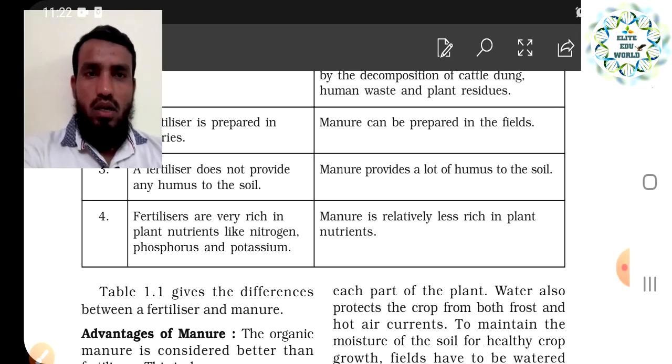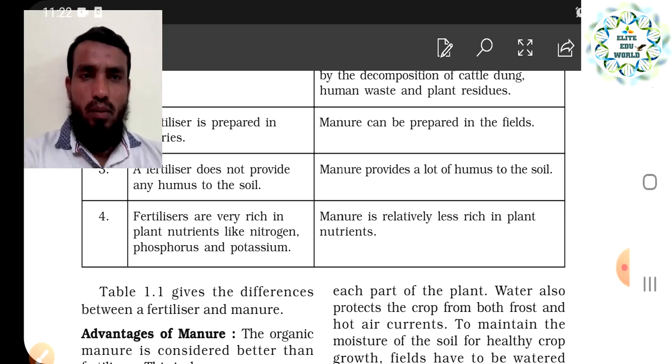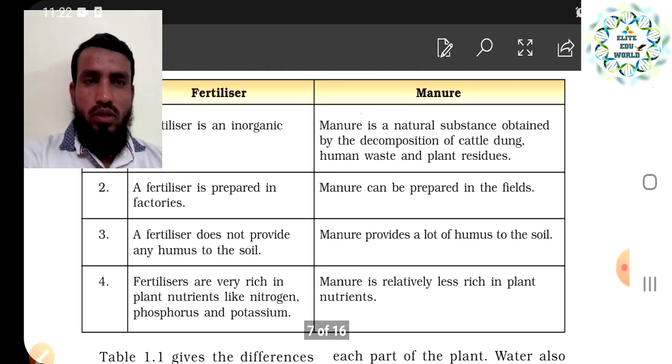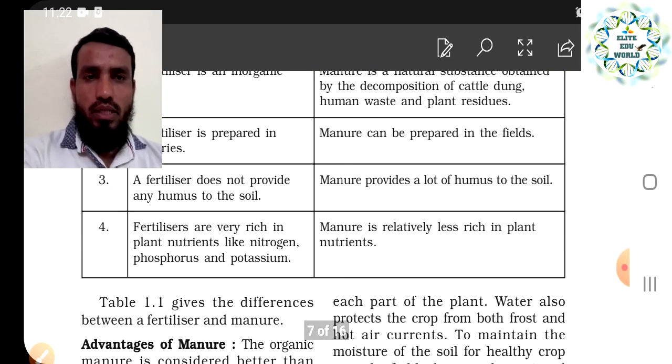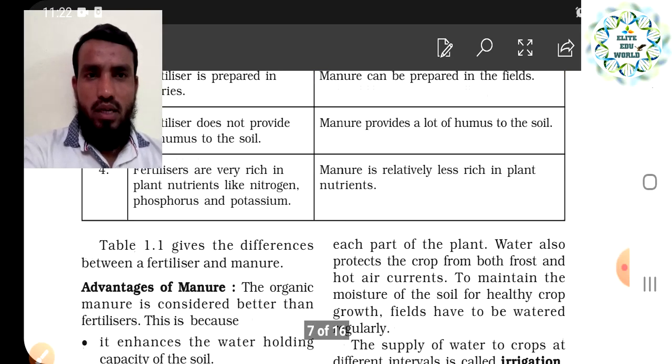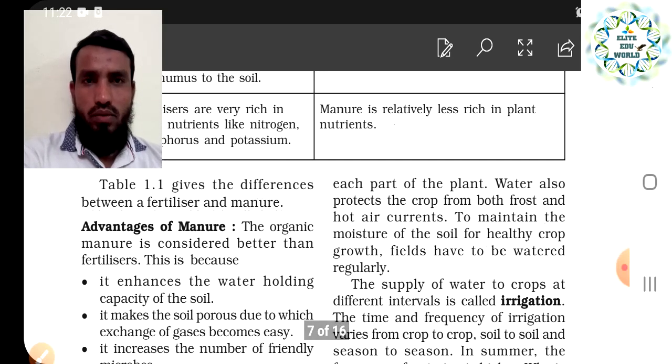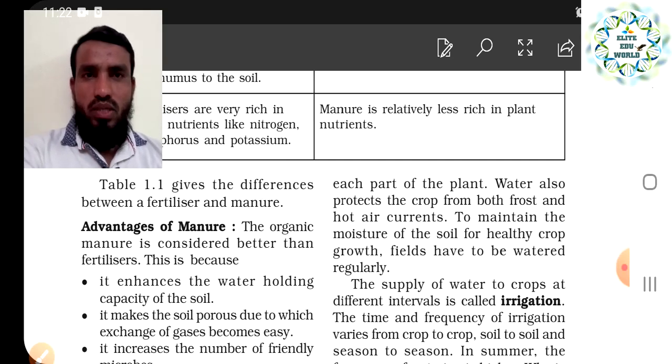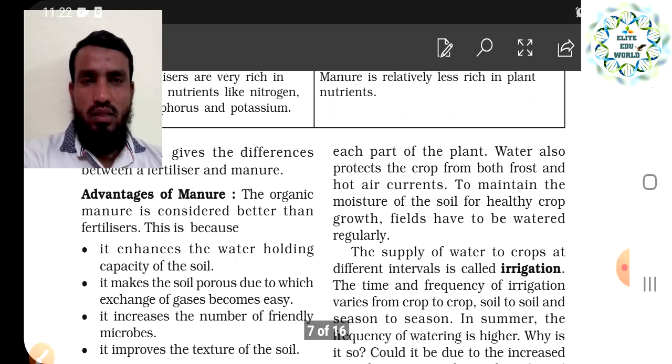So that is a disadvantage, or you can say the comparison. But there are some good points with manures also. These 4 basic differences you have to keep in mind, and you can compare which is good and which is bad. So this table 1.1 gives the differences between fertilizers and manure.